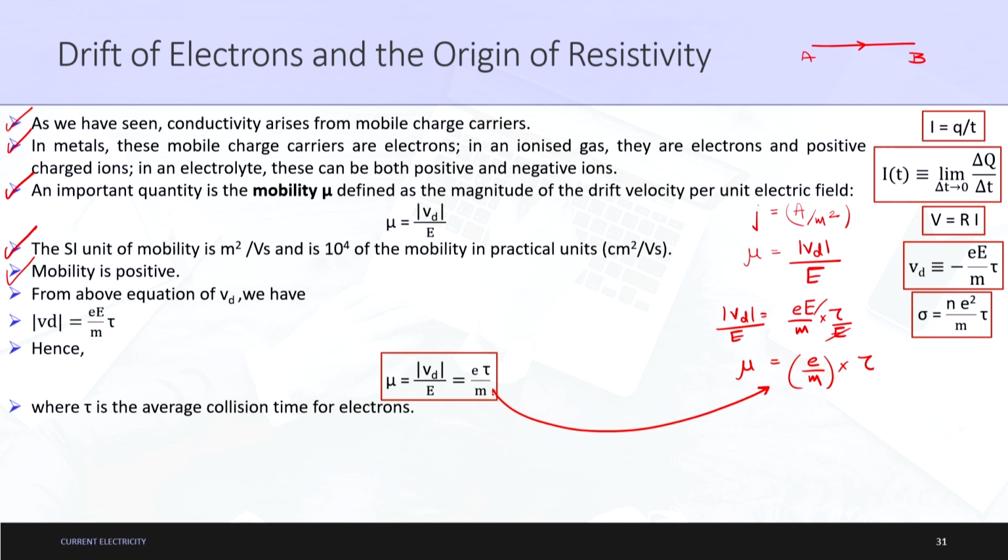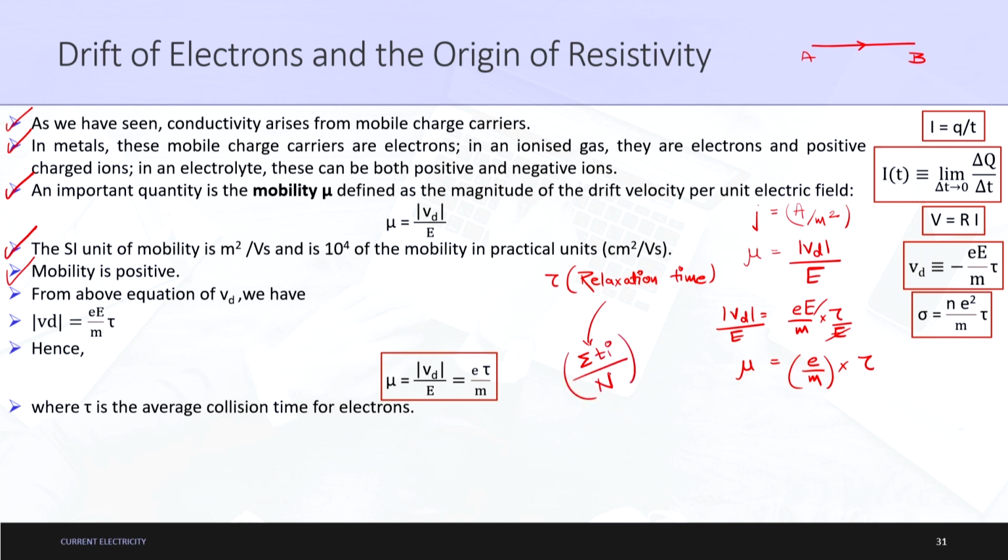So, it is nothing but a deduction of the capital E value, where tau is the average collision time for electrons, which we have also explained in the concept of the origin of resistivity. There also we found that tau is called the relaxation time, which is also called summation Ti by n.